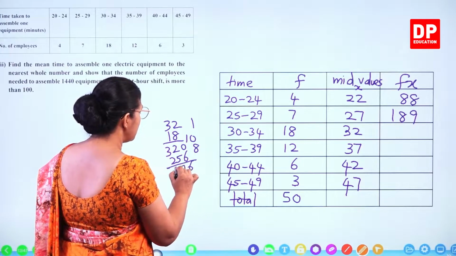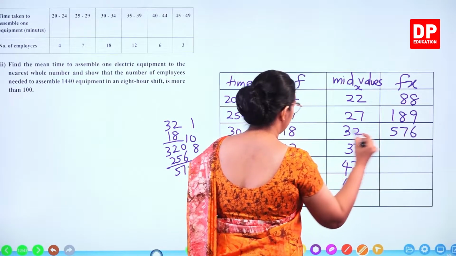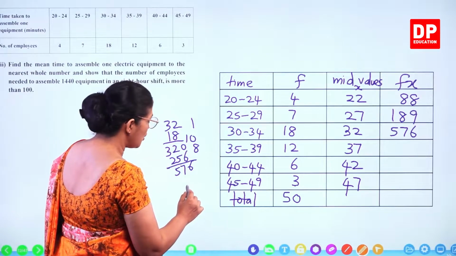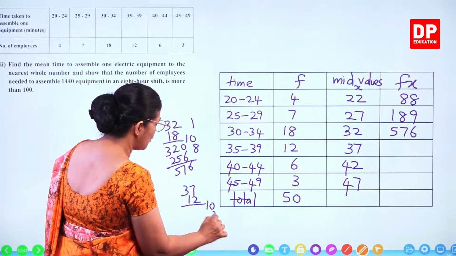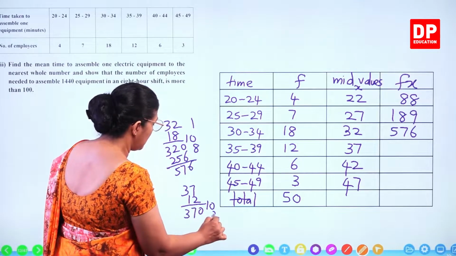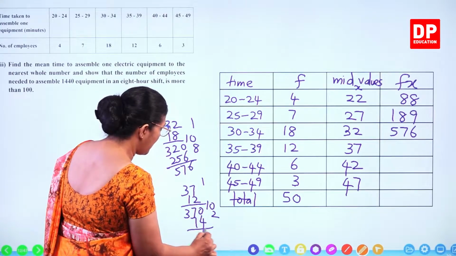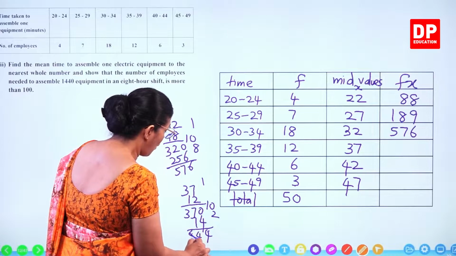So when you add it, you get 576. 12 times 37 again, long multiplication. 2 times 7, 14, 2 times 3, 6, plus 1, 7, 444.